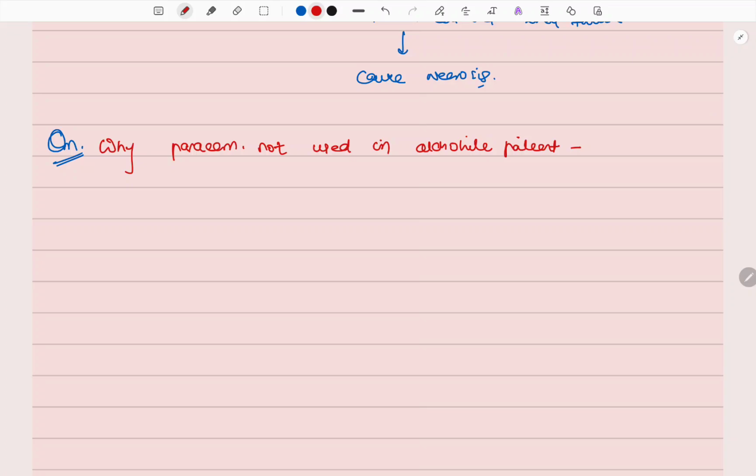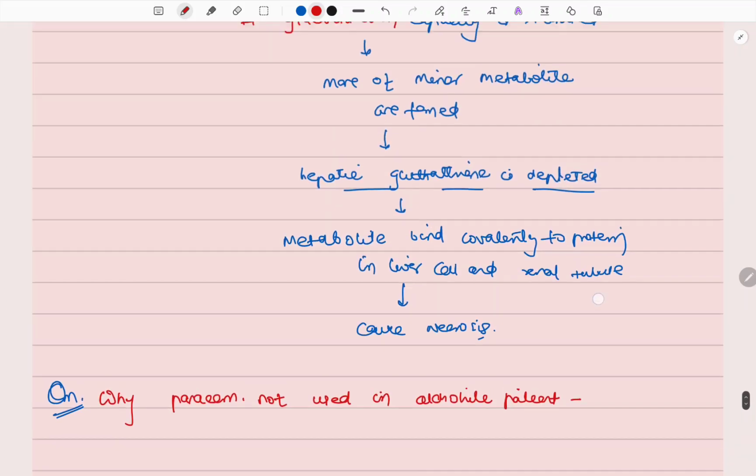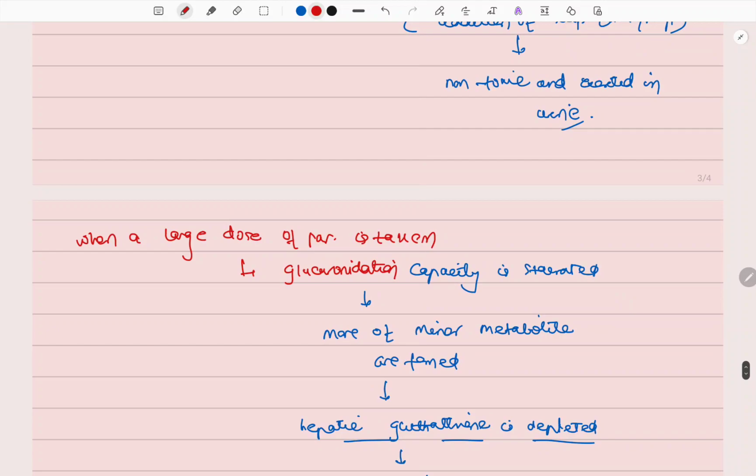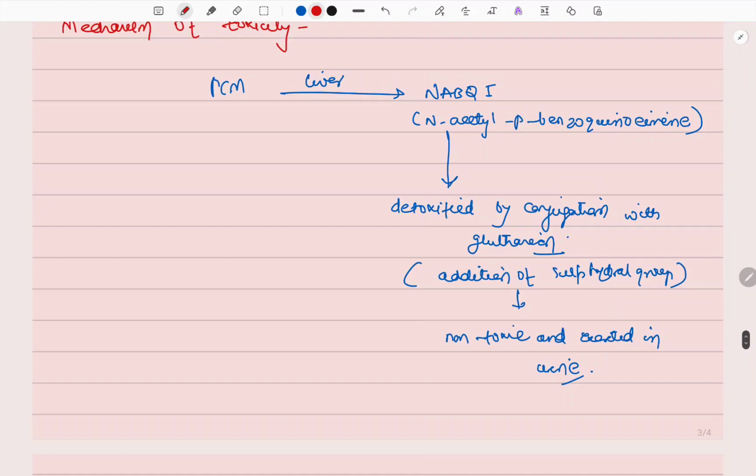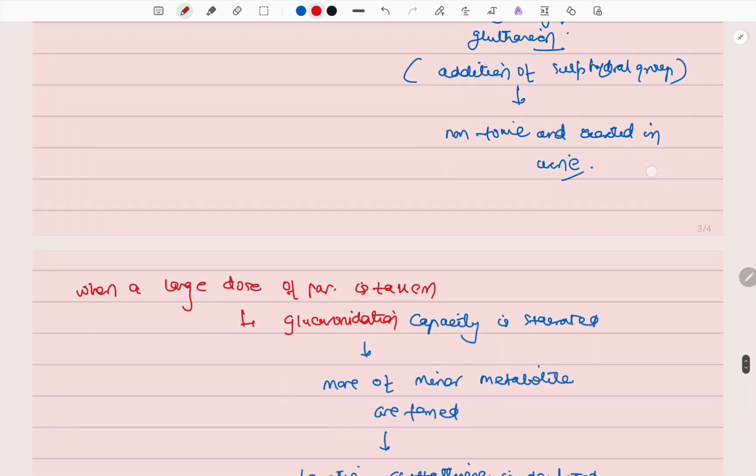Why is there hepatotoxicity? Because a chronic alcoholic has less glutathione, so they cannot easily detoxify NAPQI, which leads to a toxic condition.